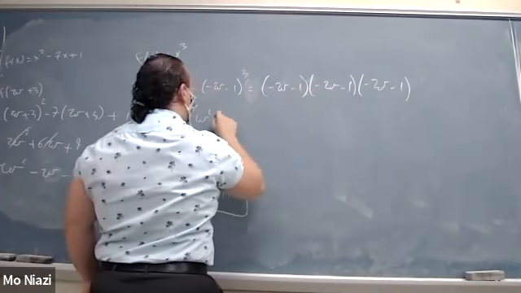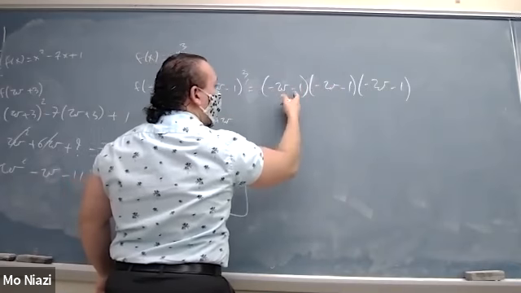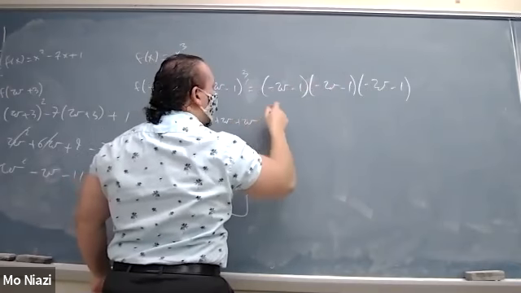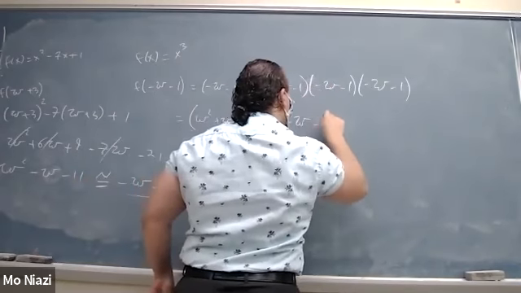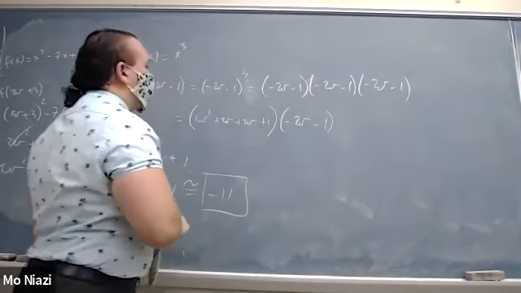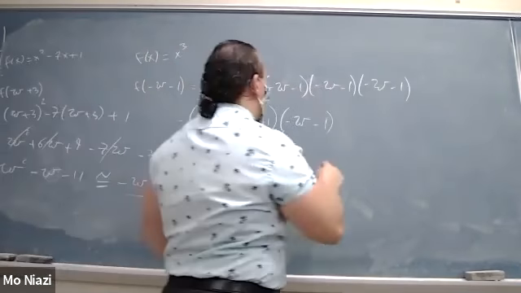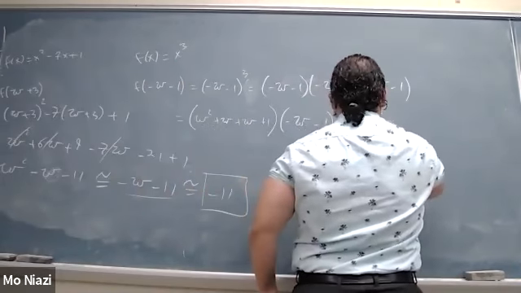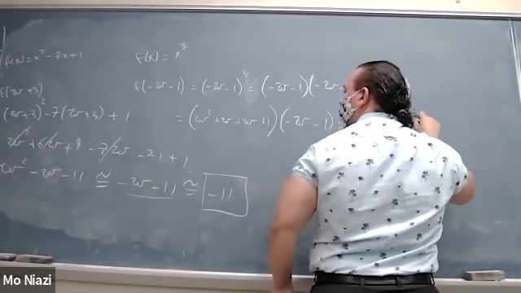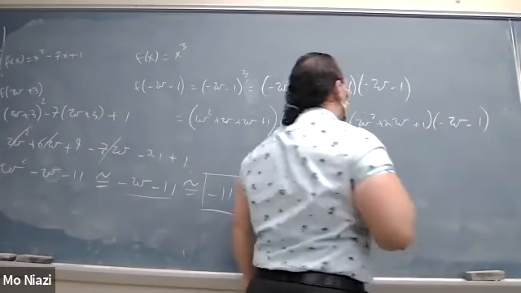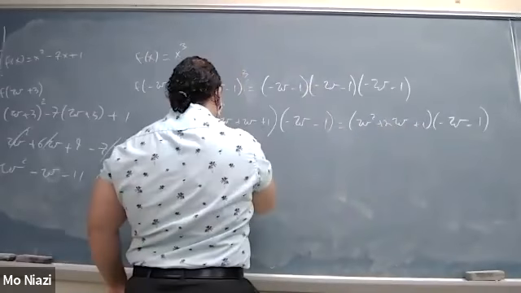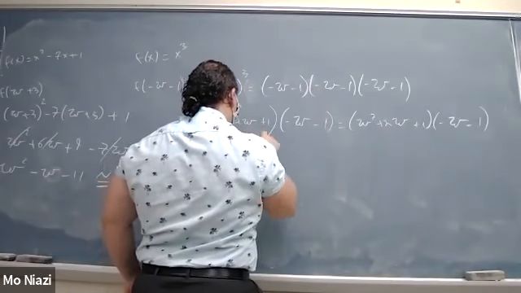This times that, we get a positive omega. This times that, we get a positive omega. This times that, we get a positive 1. Combine like terms over here. Then we do a distribution. What this implies is we get this.